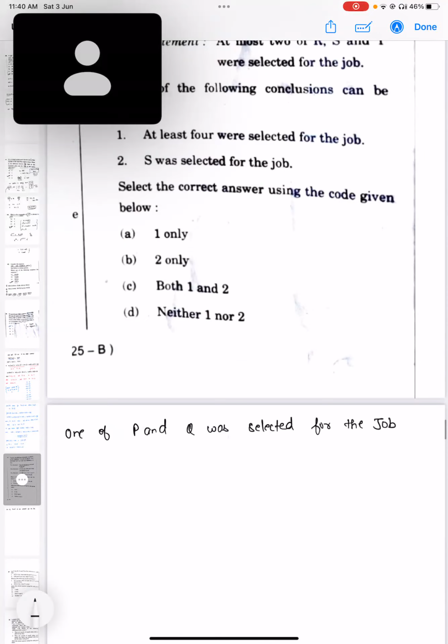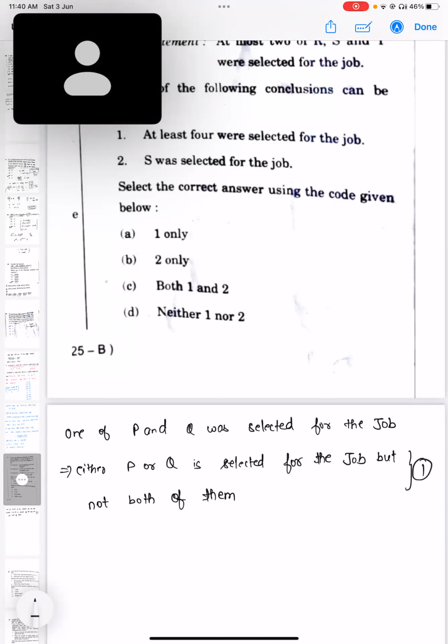So when they are saying one of P or Q was selected for the job, this implies either P or Q is selected for the job, but not both of them. Fine. So this is our statement 1.